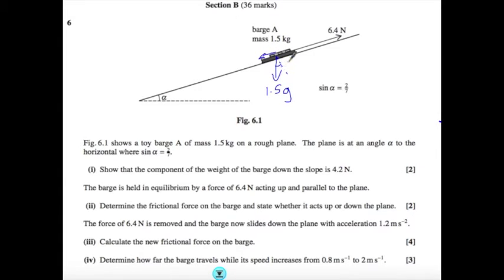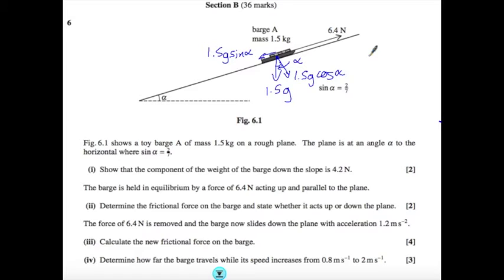This angle here will be the same as alpha, and we can see this one's going to be cos because it's next to the angle. So this one's going to be 1.5 g sine alpha, and we know sine alpha is 2/7. If you put that into your calculator, you should get 4.2 for those 2 marks. And while I'm here, I'm just going to write that that is 1.5 g cos alpha.